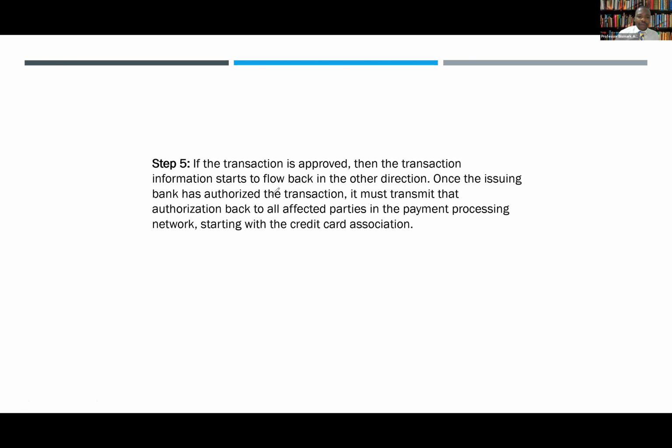Once the issuing bank has authorized a transaction, it must transmit that authorization back to all affected parties, okay? Parties in the payment processing network, starting with the credit card association.